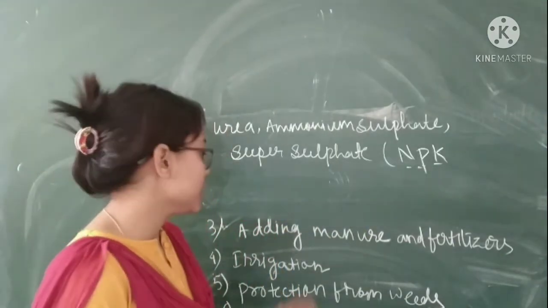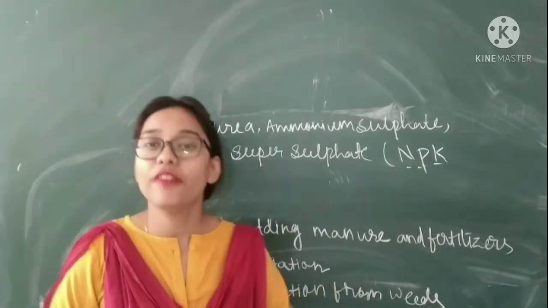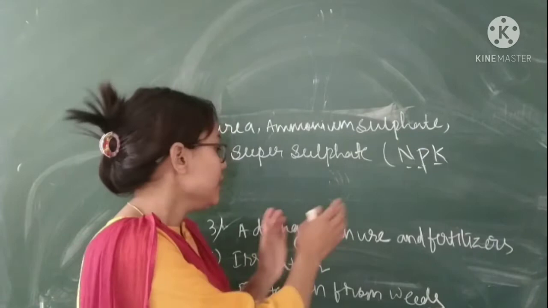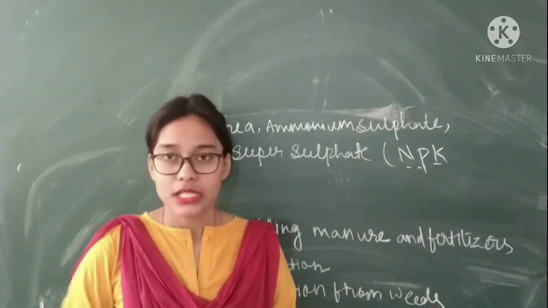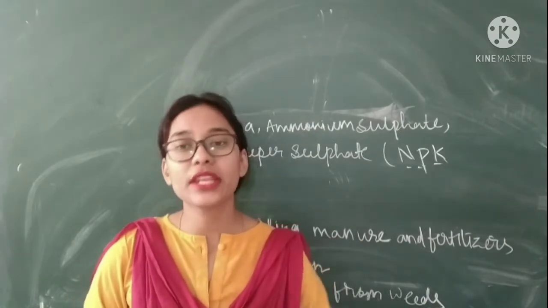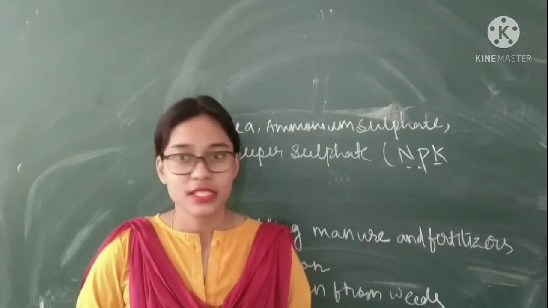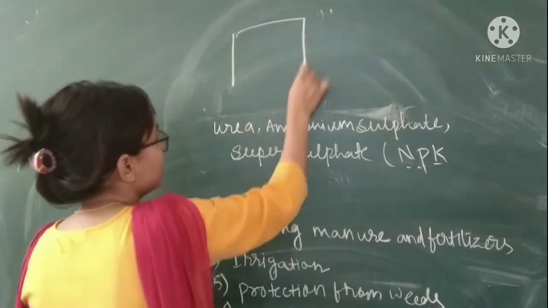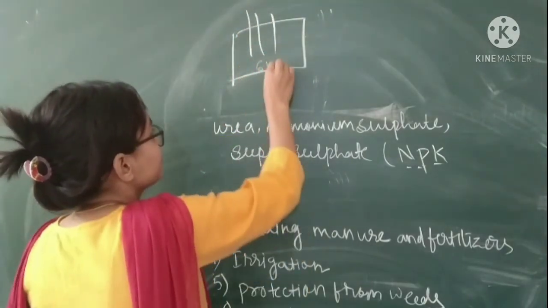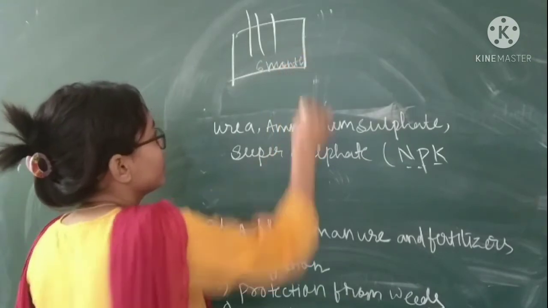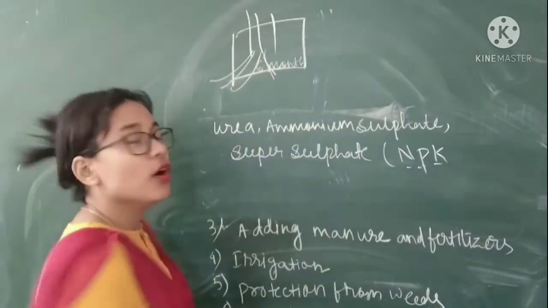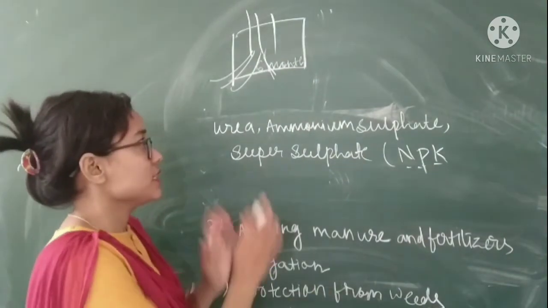The third one is adding manure and fertilizer. First of all, let us know why we have to add manure and fertilizer. If we grow crops continuously in a field for a long period of time, what will happen? The plants take up all the nutrients present in the soil.